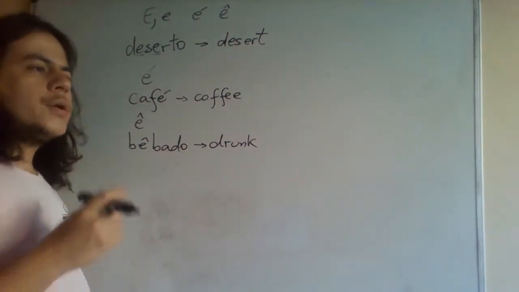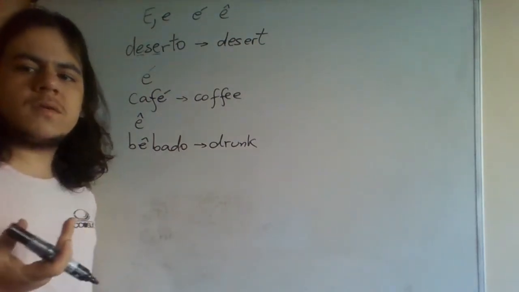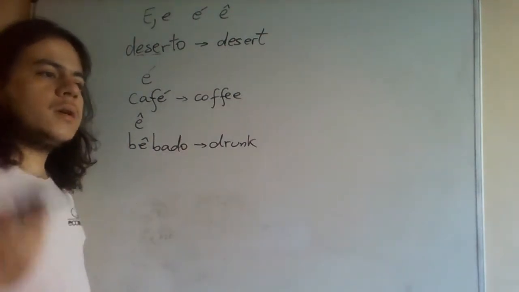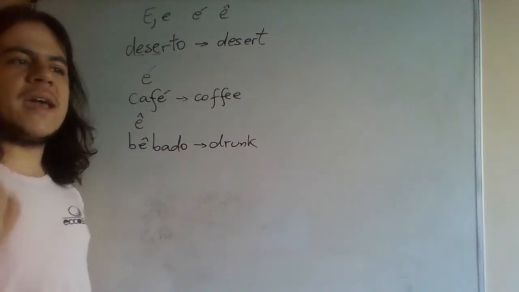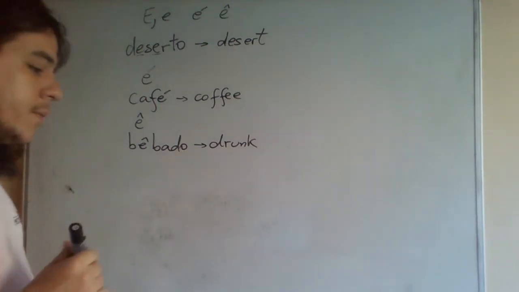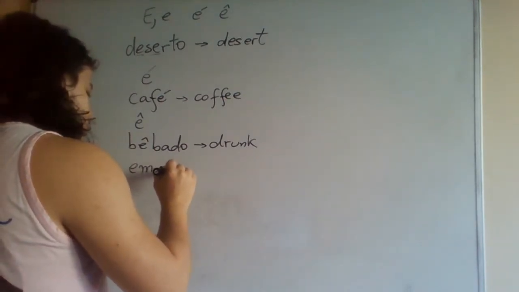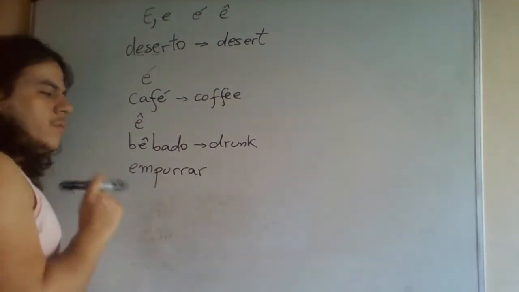The letter E can also have a nasal sound, just like letter A. When letter E is before letters M or N, and they are in the same syllable. For example, we have this verb here, empurrar.